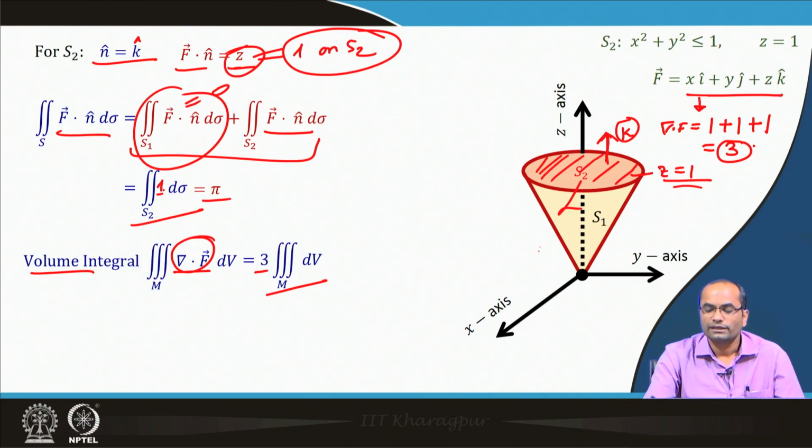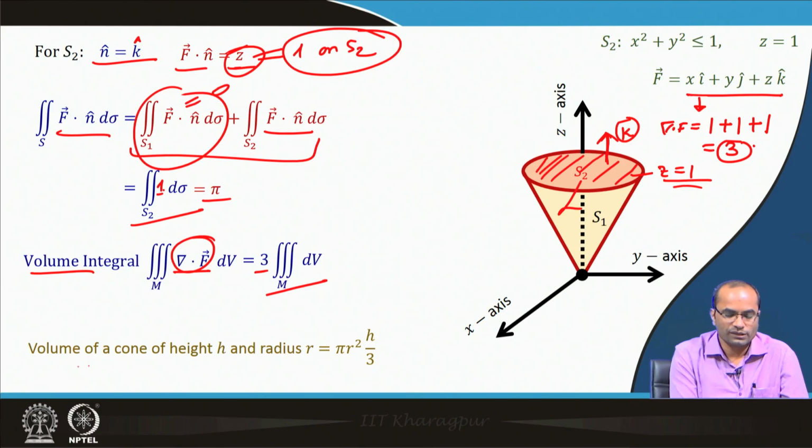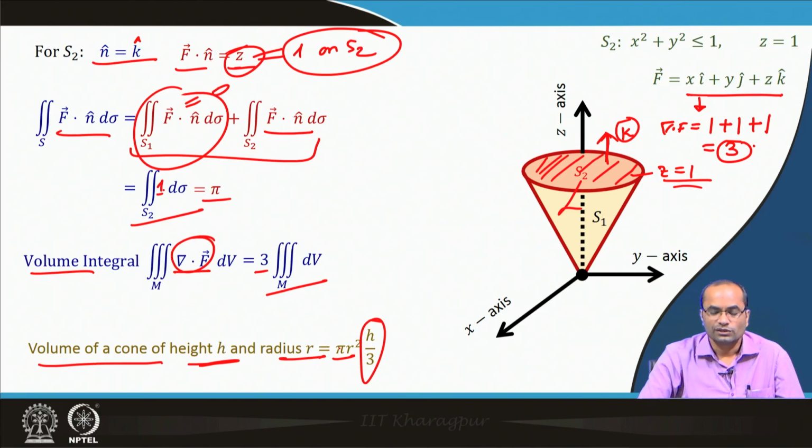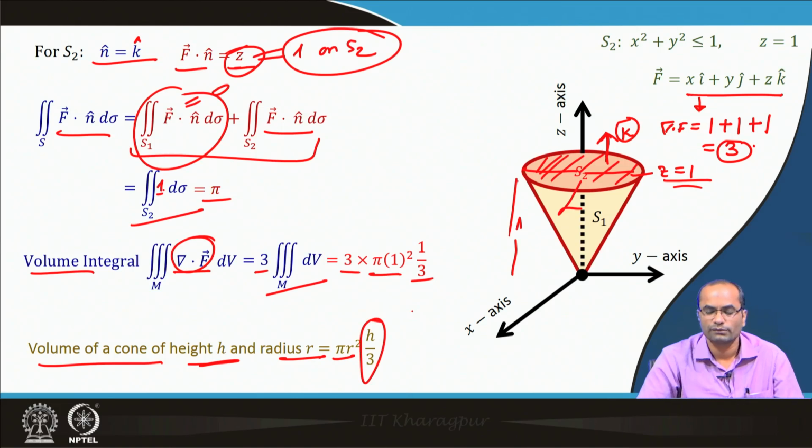That we know already is the cone, and we know the formula that the volume of a cone with height h and radius r is pi r square times h by 3. Here we have the radius 1, and the height is also 1. So, we can compute 3 times pi r square times 1 by 3.